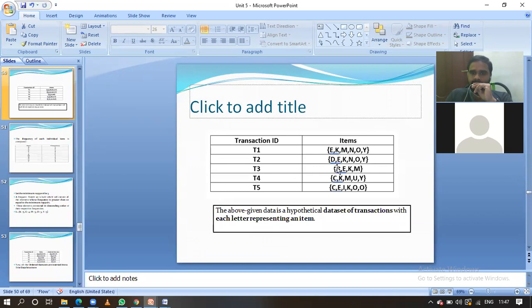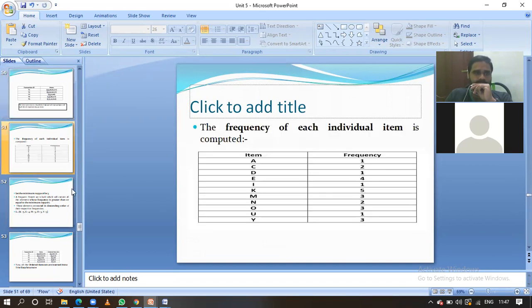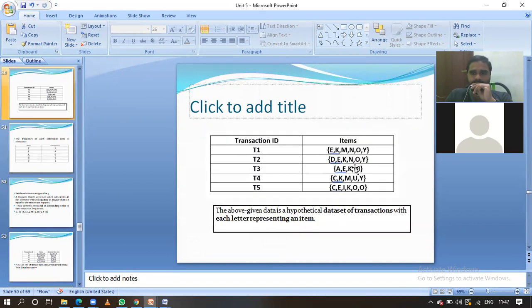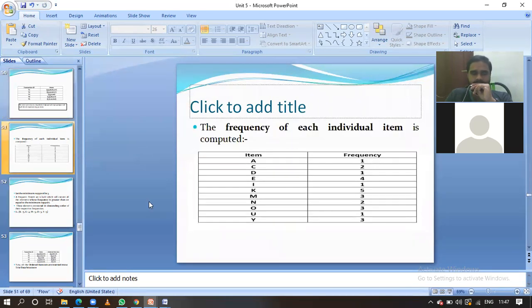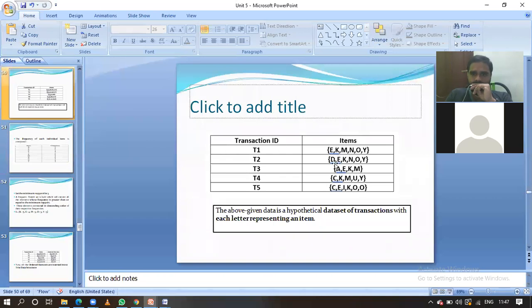In the transaction tree, A item is repeated 1 time. Likewise, next C. How many times is C repeated? Let us check. Here, 2 times. C is repeated 2 times. Likewise, D. How many times is D repeated? 1 time.